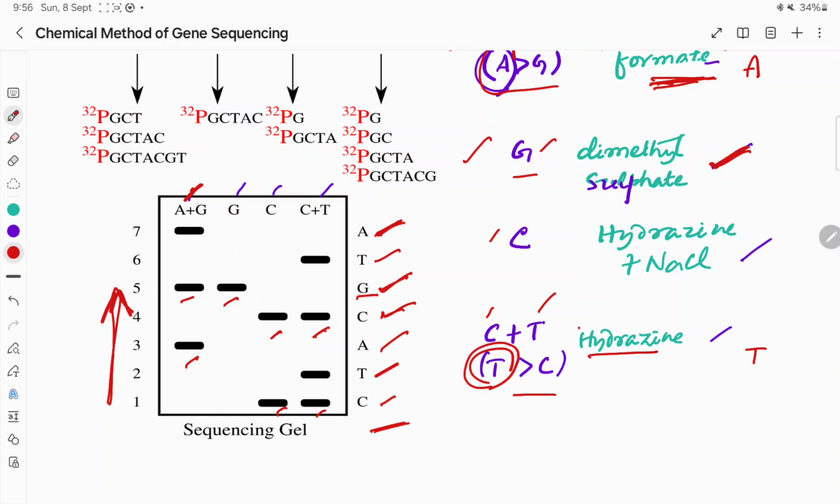When we use hydrazine and sodium chloride, there will be a break at C. When we use only hydrazine, there will also be a break at C as well as T. So we will get two spots for C and we will identify it as C.